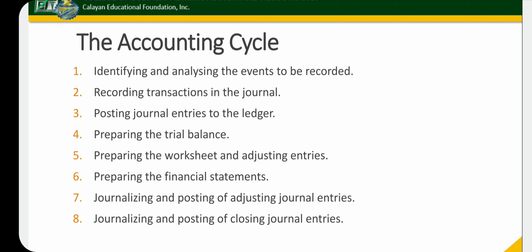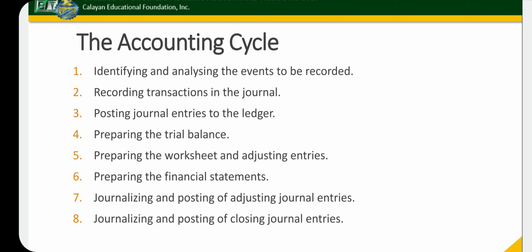Then number seven, we have to journalize and post all the adjusting entries that we have prepared in number five. We're going to post them to their corresponding T accounts or ledger. Then number eight, journalizing and posting of closing journal entries. Class, at the end of the accounting cycle, we need to close all the nominal accounts, right?